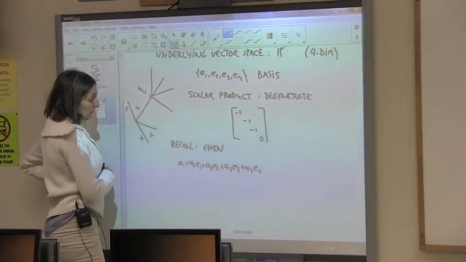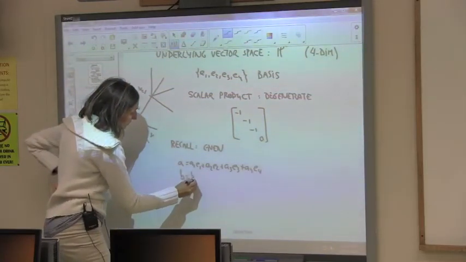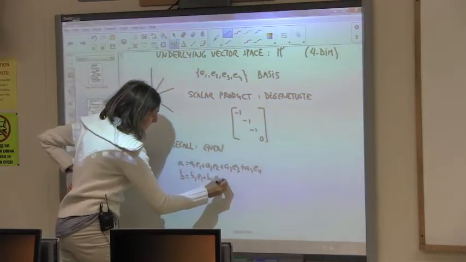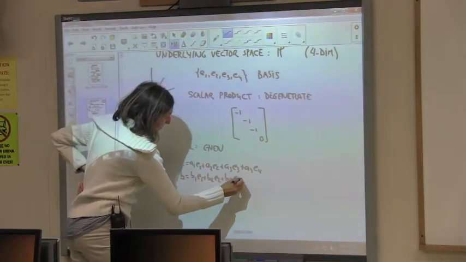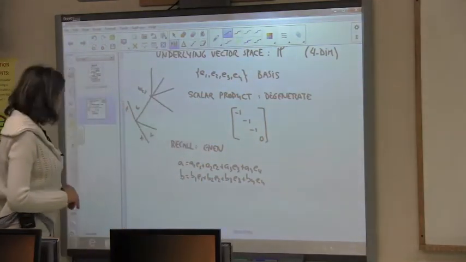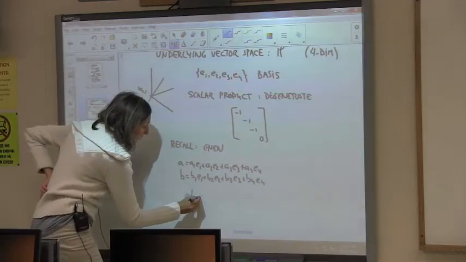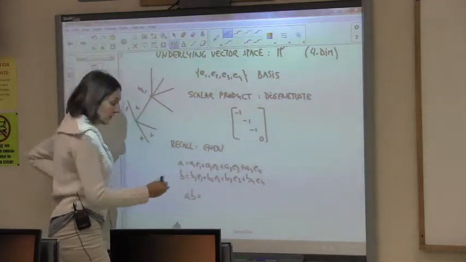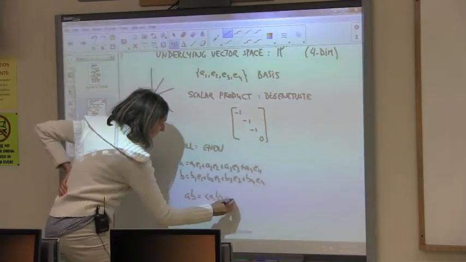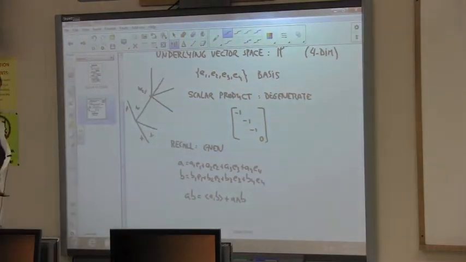Now we have another B with the same structure. We can create the geometric product, which is equal to the scalar product AB plus the outer product A wedge B.